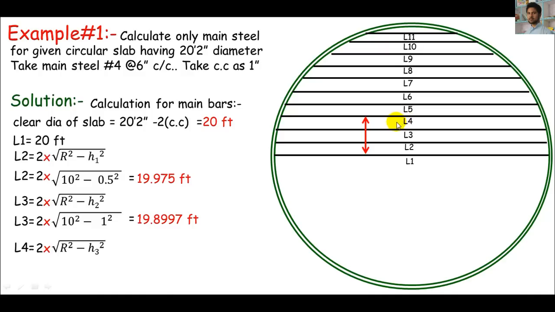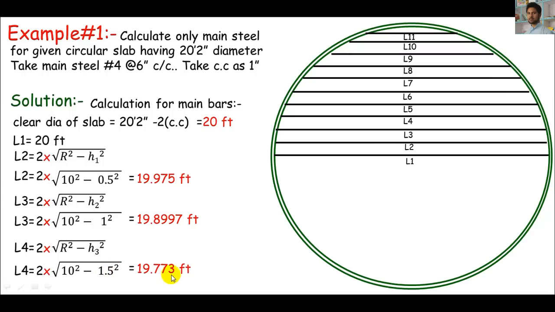So this is 0.5, 0.5 and 0.5. You must get 1.5 as H3. So 2 times the square root of 10 square minus 1.5 square. You must get 19.773. It's good.